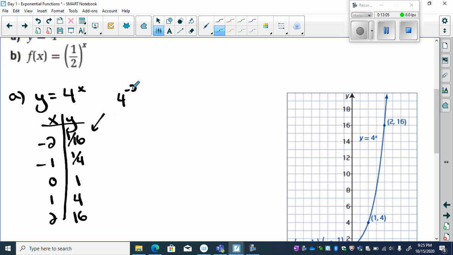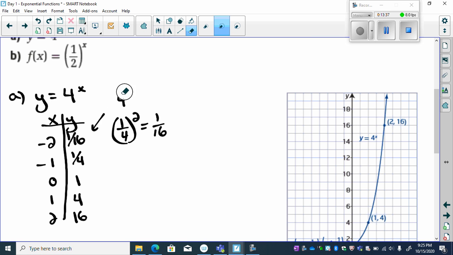When I go 4 to the -2, remember the rule I just showed you, when you have a negative exponent, you take the reciprocal of the base. So only if the exponent is negative, okay? Take the reciprocal of the base, and when you do that, the exponent becomes positive. And then 1/4 squared is 1/16. Okay? 4 to the -1 becomes 1/4 to the first, which is 1/4.